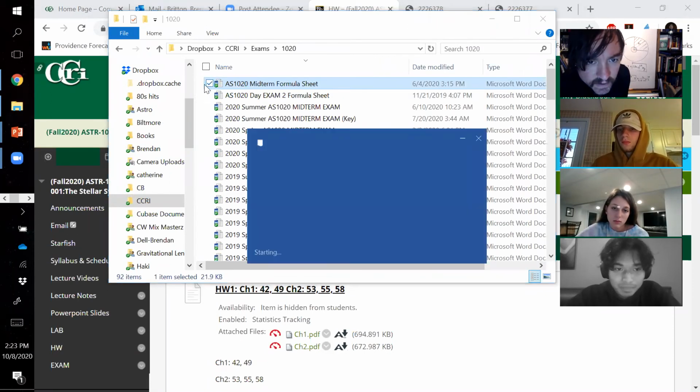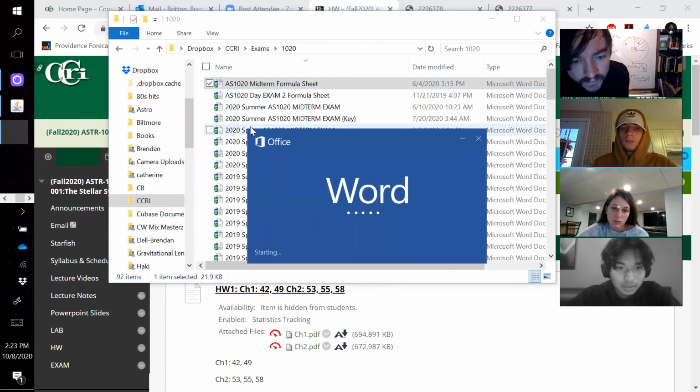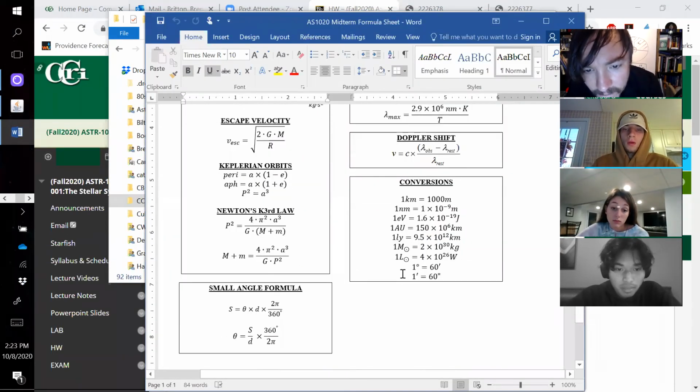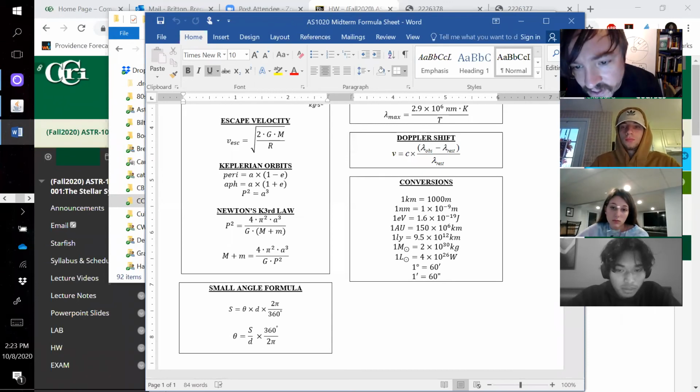Is that on the midterm formula sheet? No, but you know what? Can I tell you guys something funny about the exam? My exams, when I have class in person, they're not open book or open note exams. You just get this one formula sheet and that's it. Don't be shy, show us the exam. But what's cool about doing this thing online is I really cannot even begin to try to police you guys.